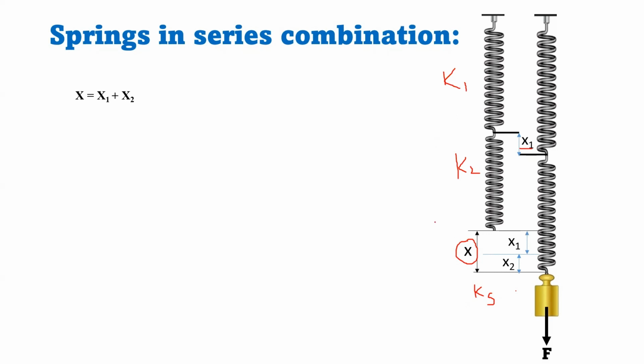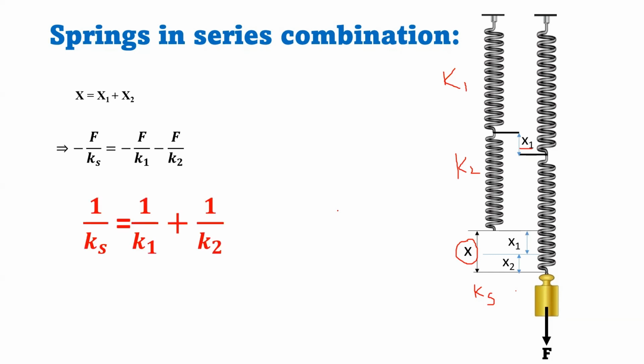Then x equals minus F by ks. Therefore, minus F by ks equals minus F by k1 minus F by k2. On both sides, we can take minus F common and cancel. Then 1 by ks equals 1 by k1 plus 1 by k2. That ks is the resultant force constant when two springs are connected in series. Then ks can be written as k1 k2 by k1 plus k2. In this way also we can write.